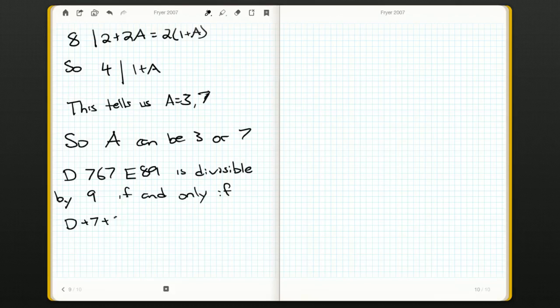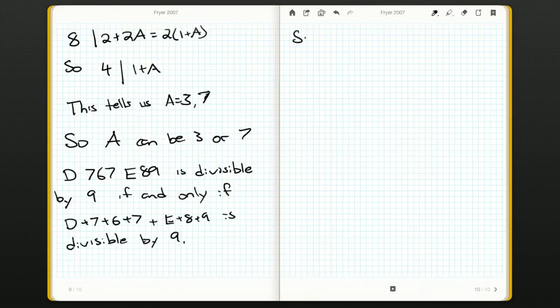Only if D plus 6 plus 7 plus 6, or sorry, 7 plus 6 plus 7 plus E plus 8 plus 9. So 9 divides, so let's clean this up.